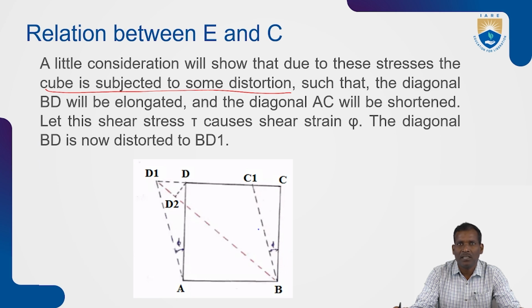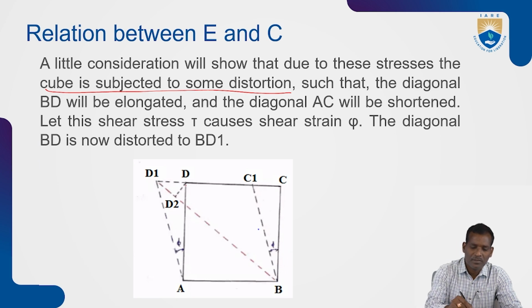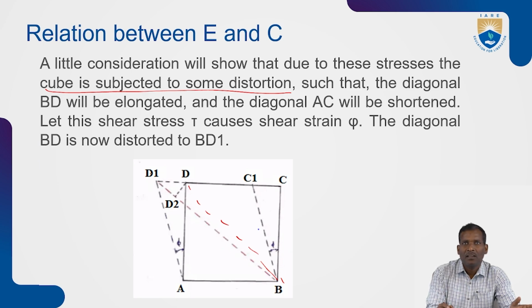So you can see the diagonal BD. Initially this is the diagonal. This diagonal BD will be elongated as BD dash, and the diagonal AC will be shortened.